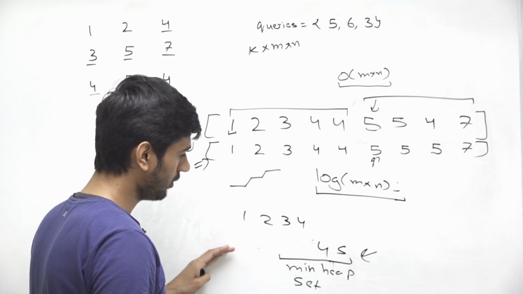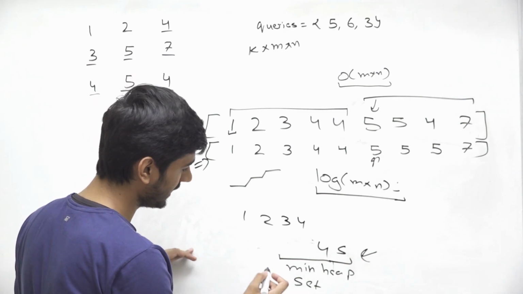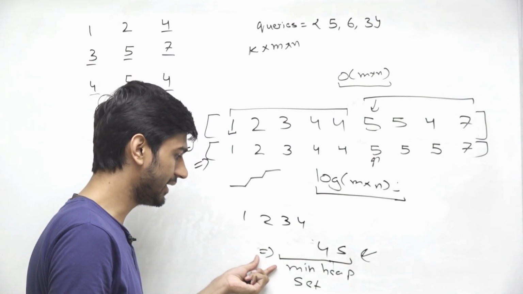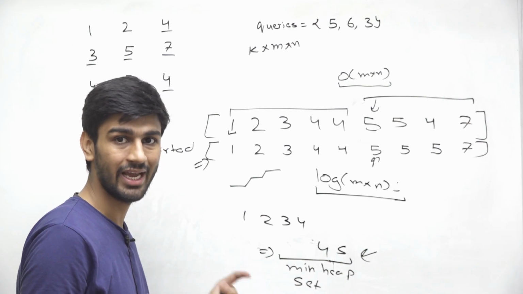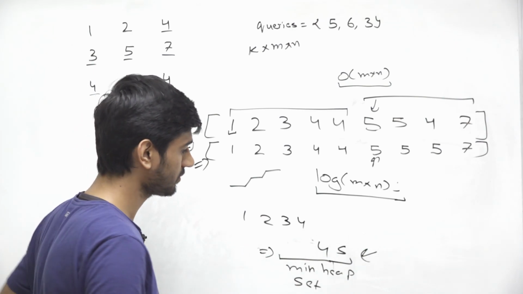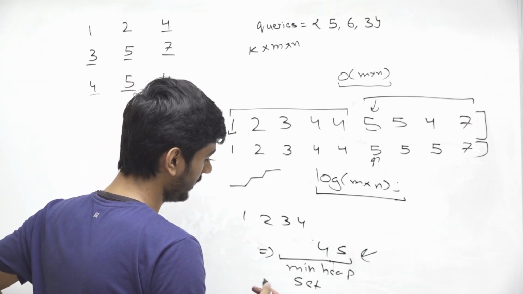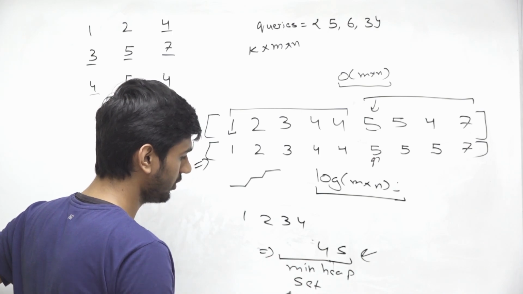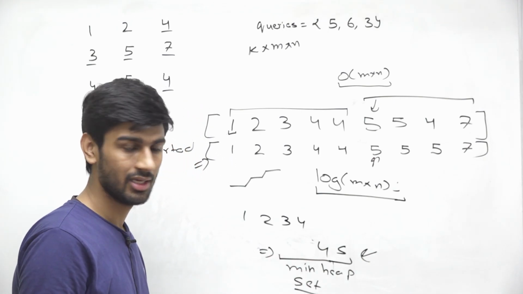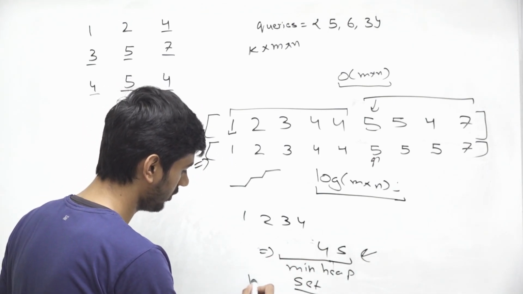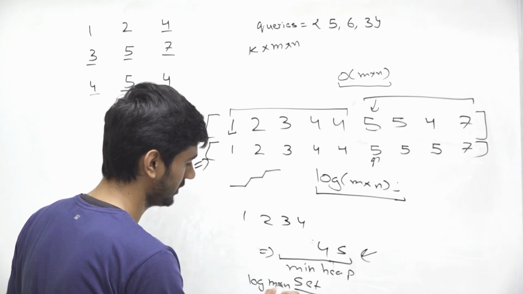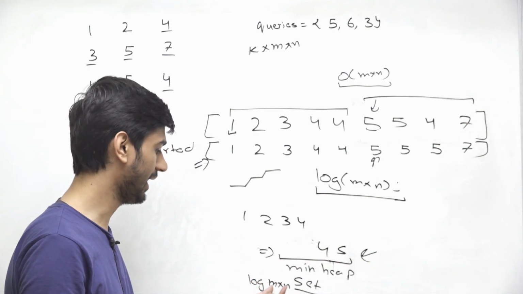Now every node will be inserted in and deleted from this heap or set at most once, right? If you are using a set, then that operation will take log of m into n, because the size of this heap or set can never exceed m into n.